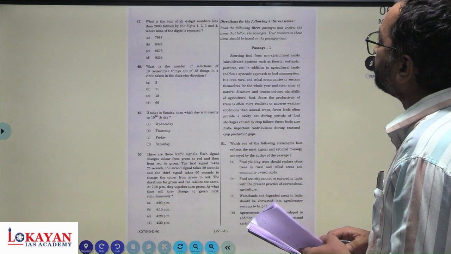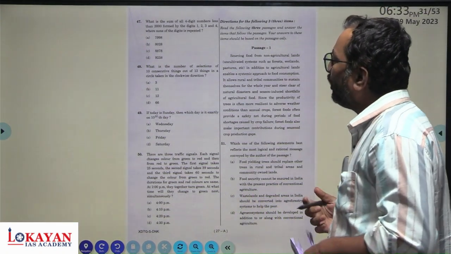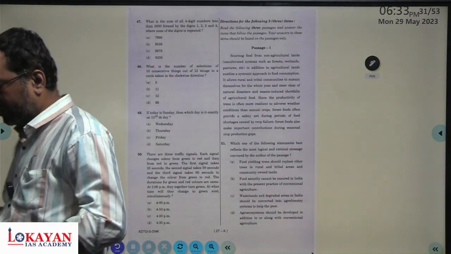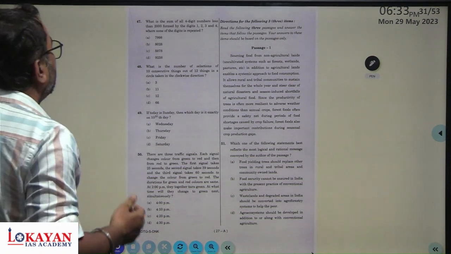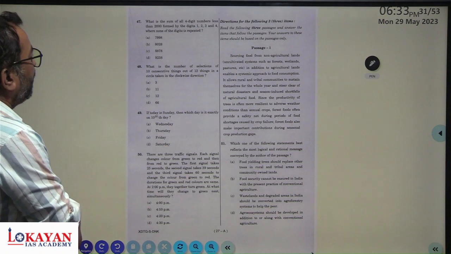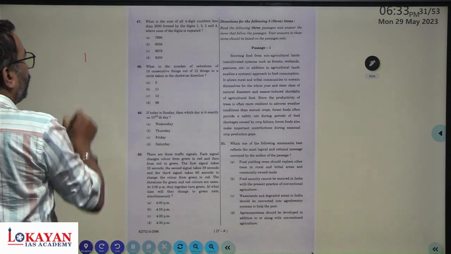Question 47. What is the sum of all 4-digit numbers less than 2000 formed by the digits 1, 2, 3, 4? Easy question. Very few easy questions were there. See, the condition is that the number must be 4-digit, but it must be less than 2000. So in the 1000 place there must be 1.